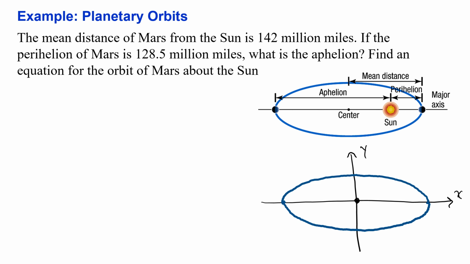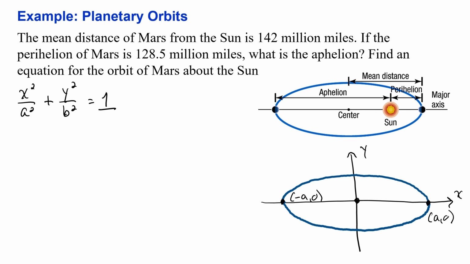So this means the equation of the ellipse will have the form x squared divided by a squared plus y squared divided by b squared equals 1. Now recall that the vertices are a distance of a from the center, so let's plot and label on our graph both vertices at the points -a, 0 and a, 0.